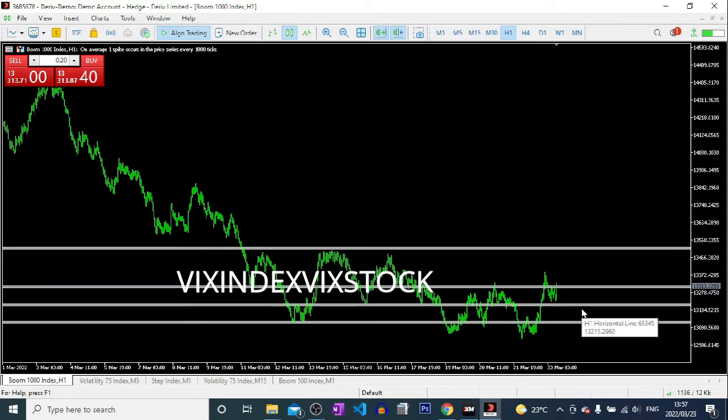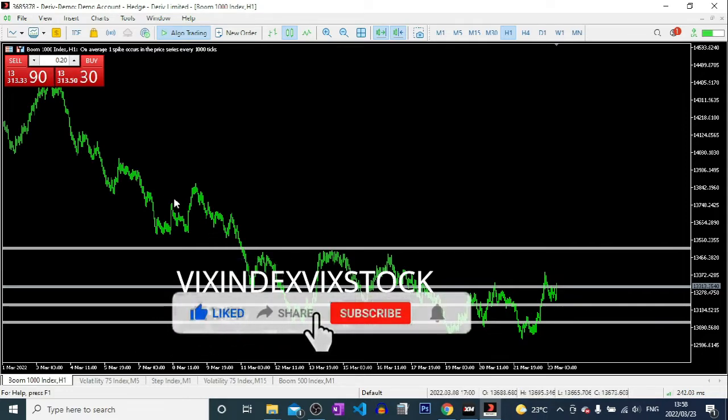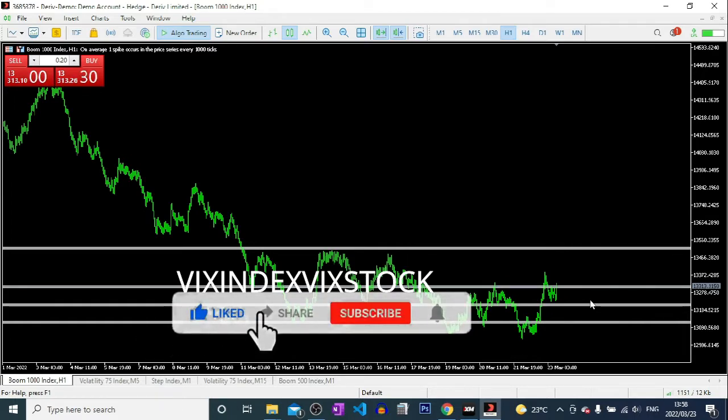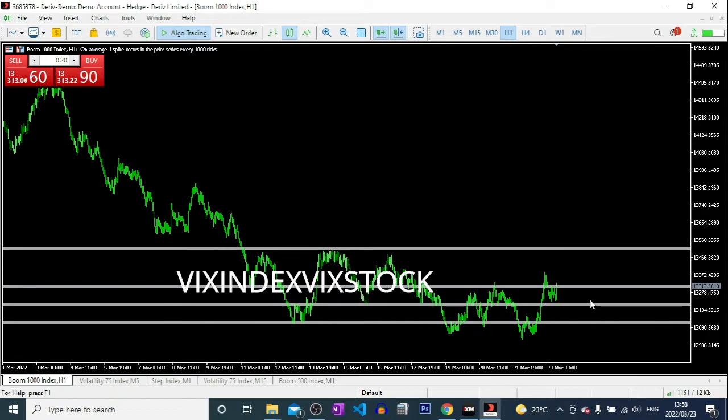Synthetic indices are moved by some proprietary software that tries to randomize these movements, developed by the derivative broker. They are randomly generated by the algorithm that's behind the movement in these markets. So there is no real world connection, it's not like trading gold. When you're trading gold, you know that this is the actual real world price of gold.